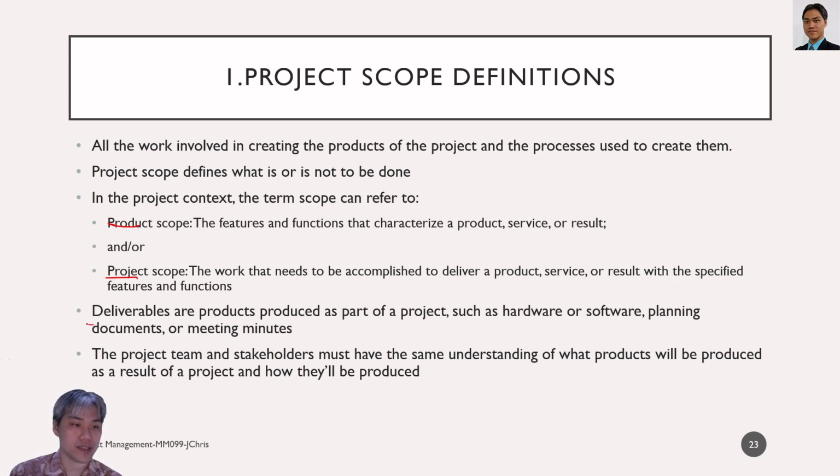Deliverables, meaning the outputs, are products produced as part of a project, such as hardware or software, planning documents, or meeting minutes. The project team and stakeholders must have the same understanding of what products are to be produced as a result of a project and how they will be produced.